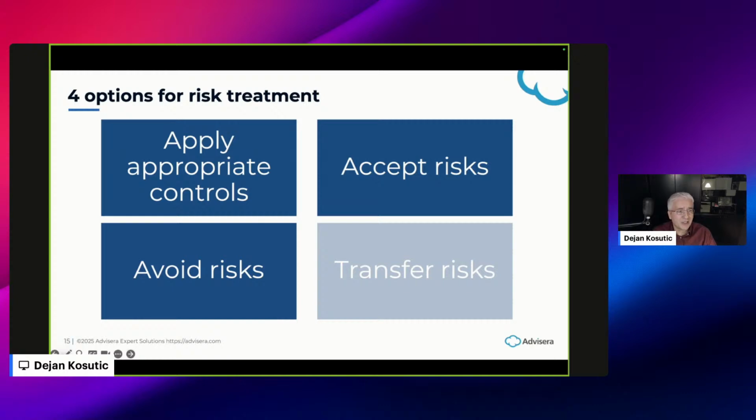Okay, another method for treating the risk is avoiding the risk. This is basically where you start doing your business operations in a different way, so that risk simply doesn't exist anymore. For example, let's say a company which is highly regulated and has a very high risk profile assessed that there are unacceptable risks because people are using their private smartphones for work, and this introduces very high risks.